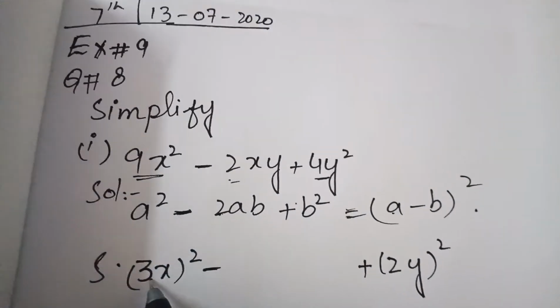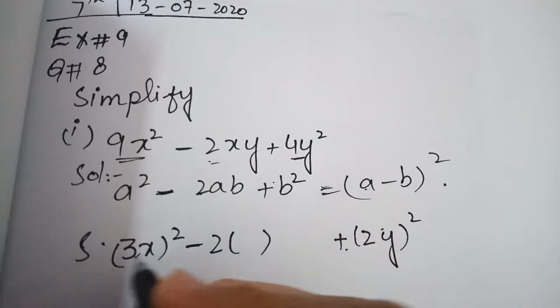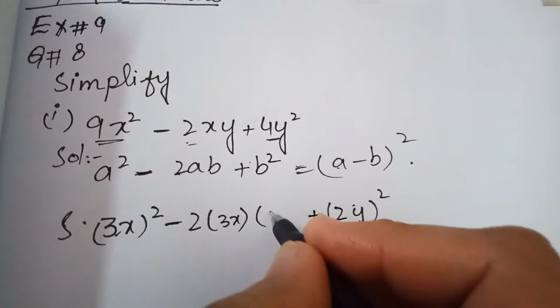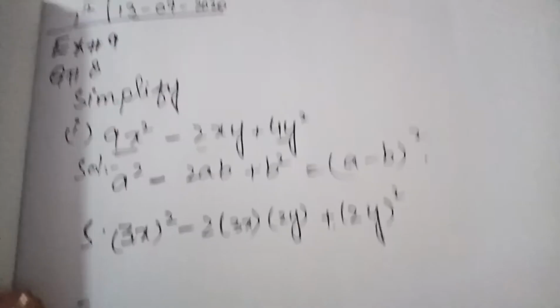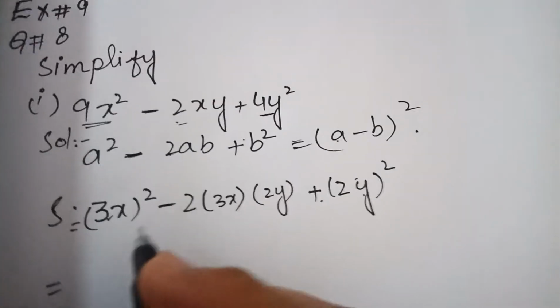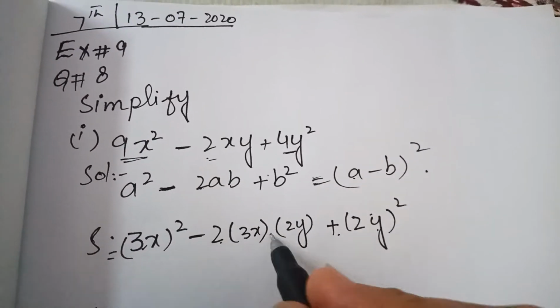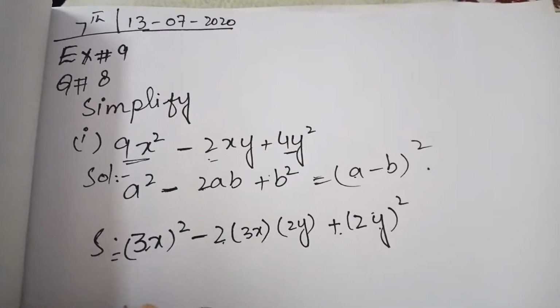Now a square plus b square minus 2ab, what's the value of a? That is 3x, and what's the value of b? That is 2y. So we can write it as (3x) square, that is a square, minus 2ab plus b square. So this will become (a minus b) whole square.